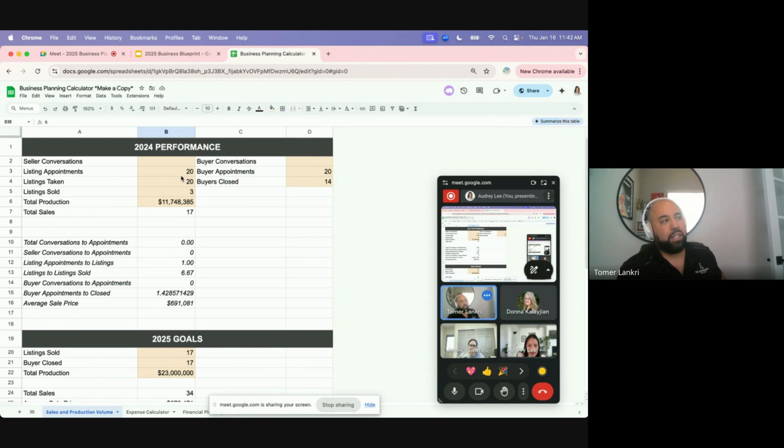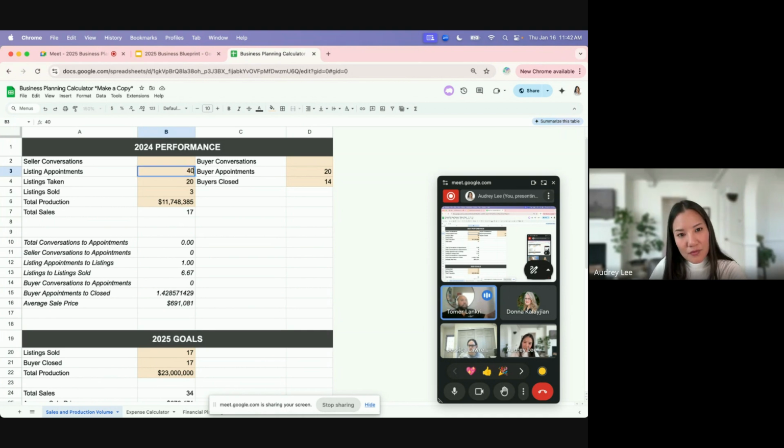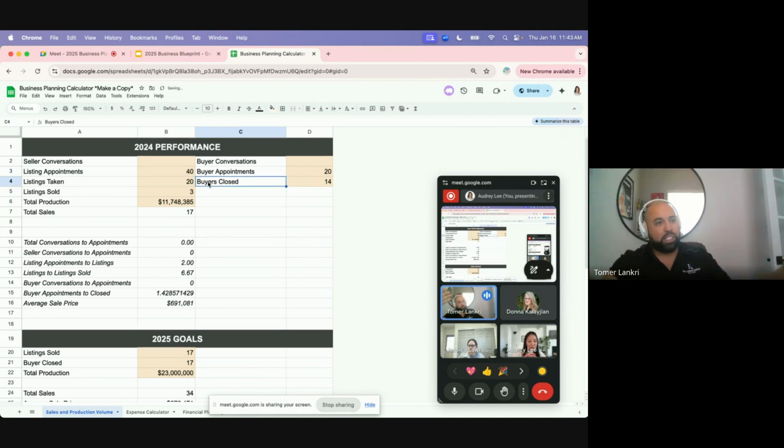I think the real proof in the pudding this year will be to go to new people, meet new people, and get new listing appointments with people you don't know. You have to tell them about you and your services and your experience and your reputation, and then also compete with other agents. That's a true listing.